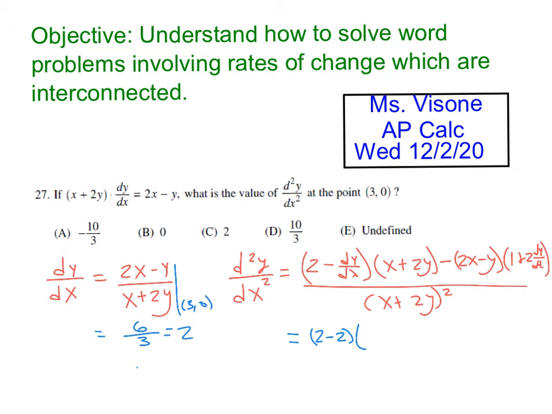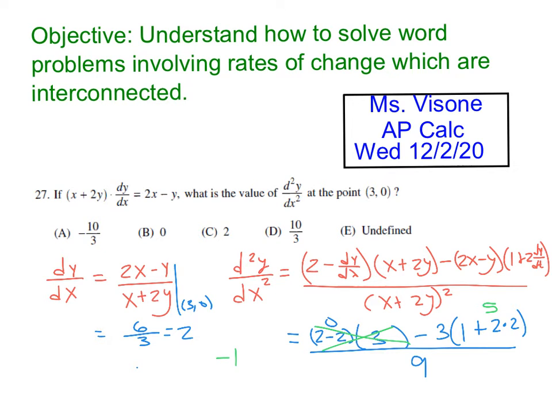It doesn't even matter what the bottom is. Then minus, let's see, that's 3 times 1 plus 2 times 2, all over x plus 2y. So that's all over 3 squared, so 9. So this whole thing goes away to 0. So I get 1 plus 4 is 5.